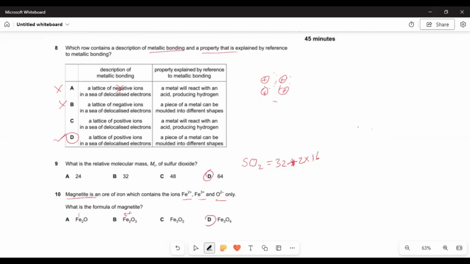The correct formula for magnetite is this one, because one is FeO, where oxygen is 2 minus and iron is 2 plus, and another one is Fe2O3. Oxygen is again 2 minus, but here iron is 3 plus. Got it? So this is the correct option. When you add it, it becomes Fe3O4. So this is the correct option.